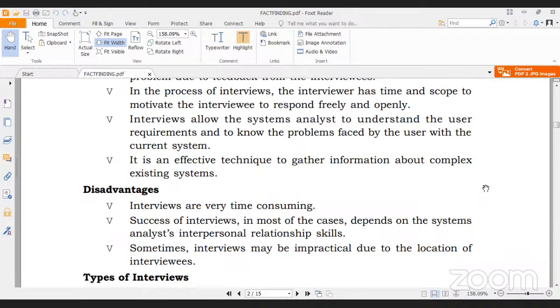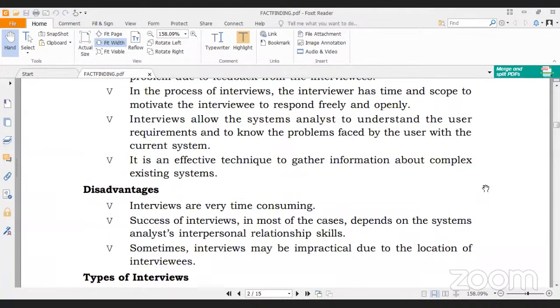Let's say the interviewer who is taking the interview is very experienced and friendly. Then the stakeholders, when they go for the interview, may say everything. But if the interviewer is not user-friendly or a little bit strict, they may hesitate. So the success of the interview depends upon the interpersonal relationship skills of the system analyst or the interviewer.